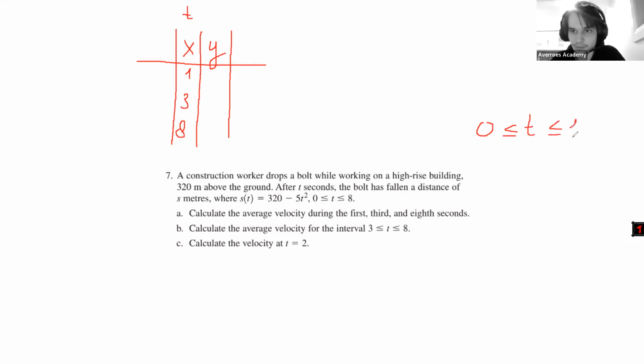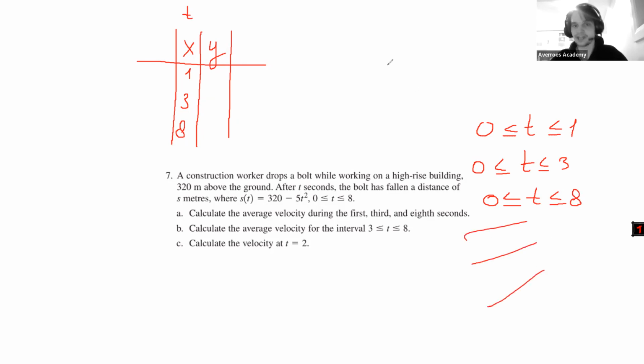Here, you see, one of them is the first second, the second one would be the third second, and the third one would be between 0 and the 8th second. So all these points connected together would be an average velocity during this period of time.